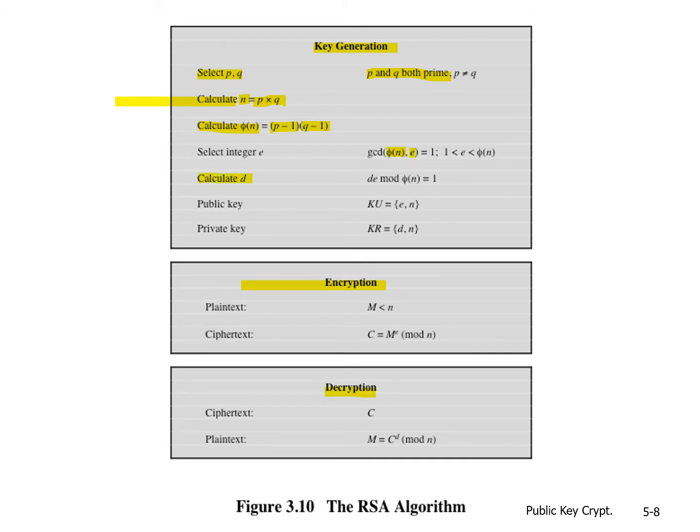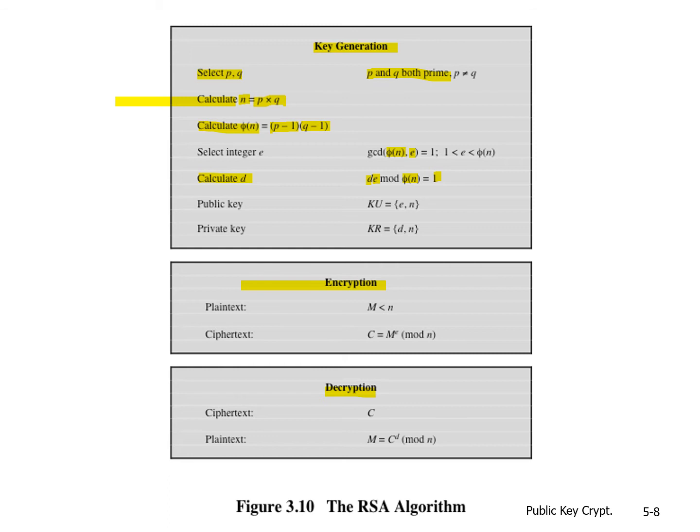And calculate D. D times E divided by phi N must have the remainder of 1. Remainder must be 1.